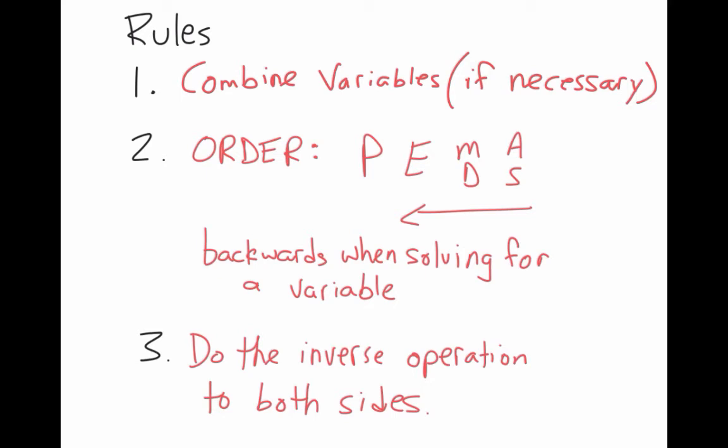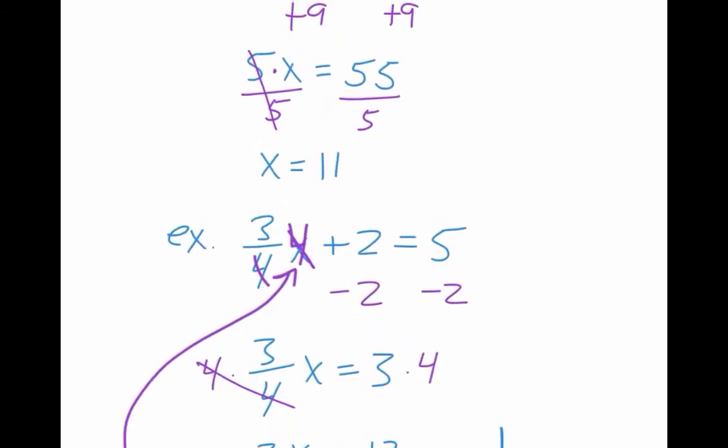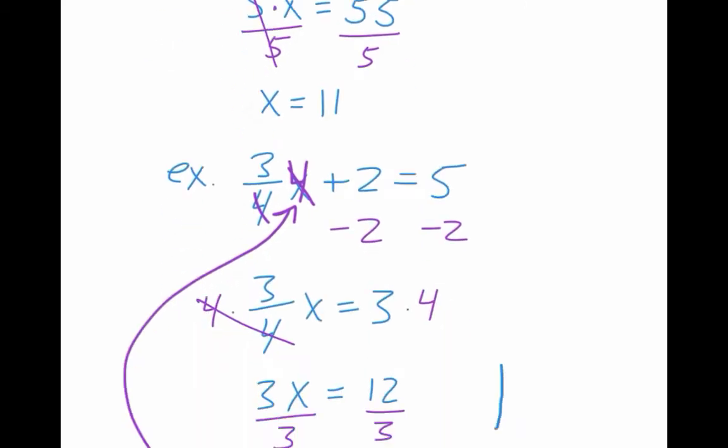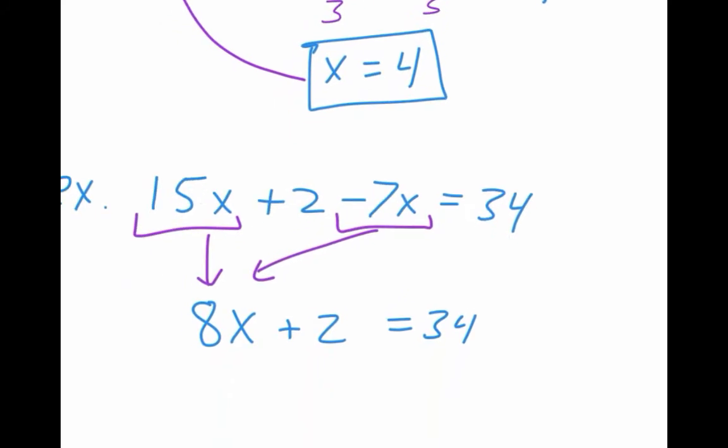Now, I want to make a quick comment on combining variables. Something that starts messing people up is, well, here I wanted to move my 9 to the other side, so I added 9 because they had subtraction. But then in this last one, we didn't do the opposite sign. Some people look at this and want to say, okay, I have a minus 7x, so I need to add 7x.